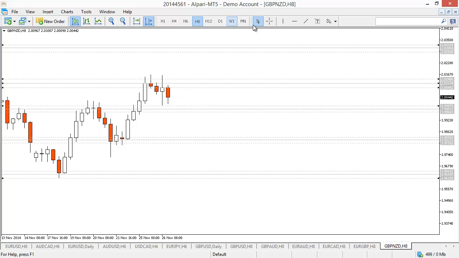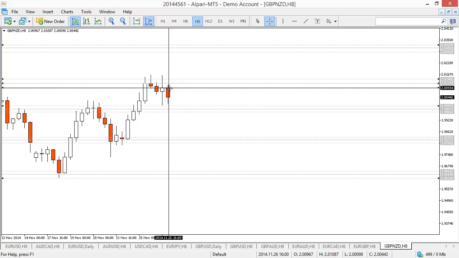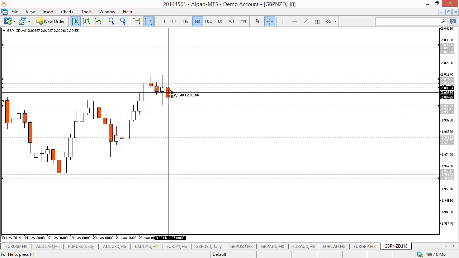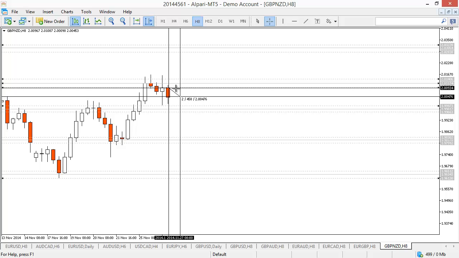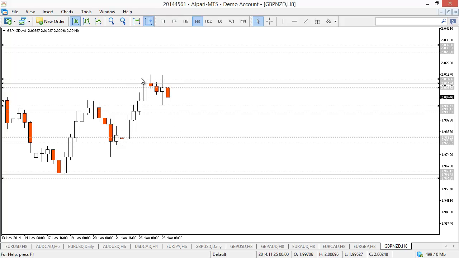Let's look at it on the 8 hour. It looks a bit better here. 55 pip stop. Yeah, you could pull off a 1-to-1 risk reward ratio on this trade. It'd be very close, but you could pull it off.